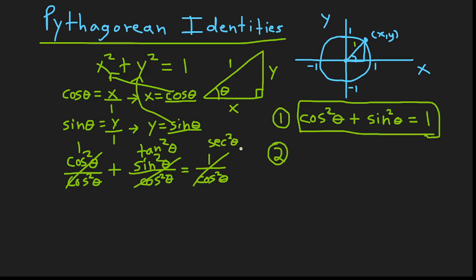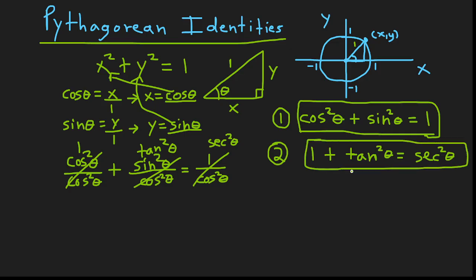So writing this a little more cleanly, our second trig Pythagorean identity is going to be 1 plus tangent squared theta equals secant squared theta. And there is our second identity.